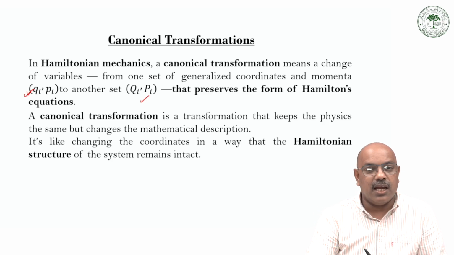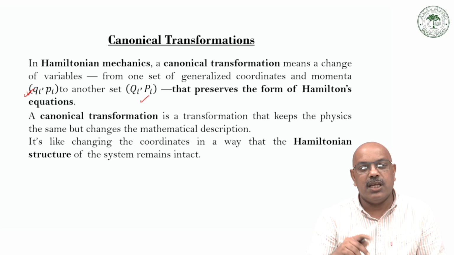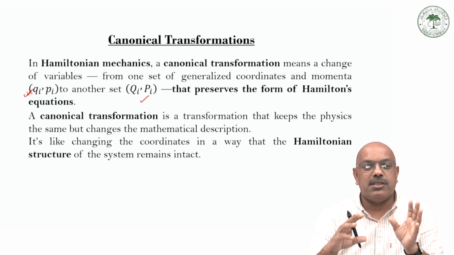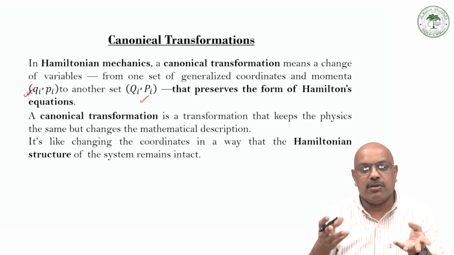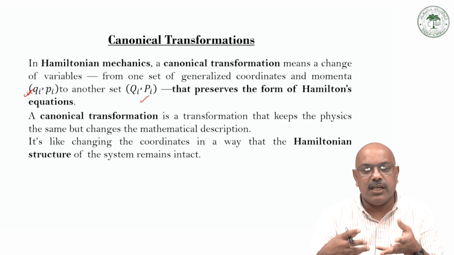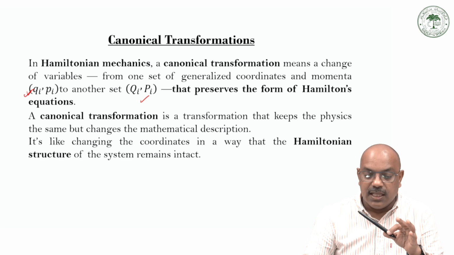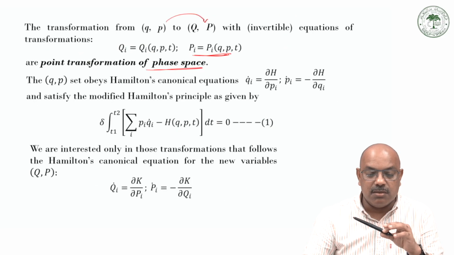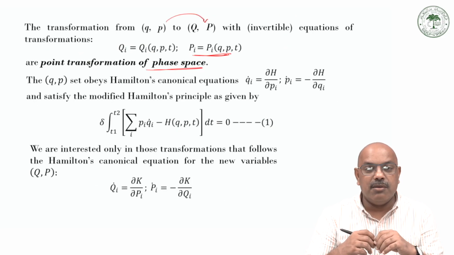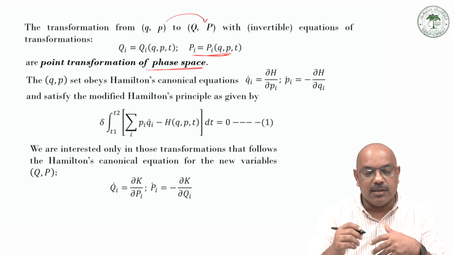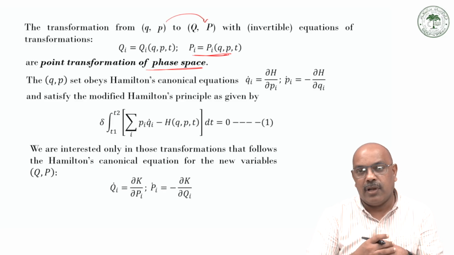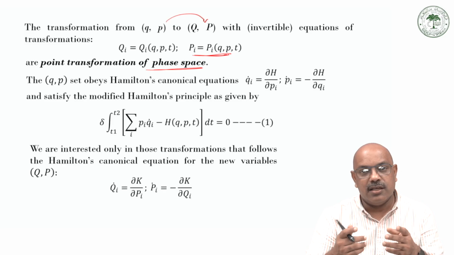The second thing is that a canonical transformation keeps the physics the same but changes the mathematical description. It's like changing the coordinates in a way that the Hamiltonian structure of the system remains intact. That is what we are demanding, and it is helpful if your Hamiltonian is cyclic in some coordinates.